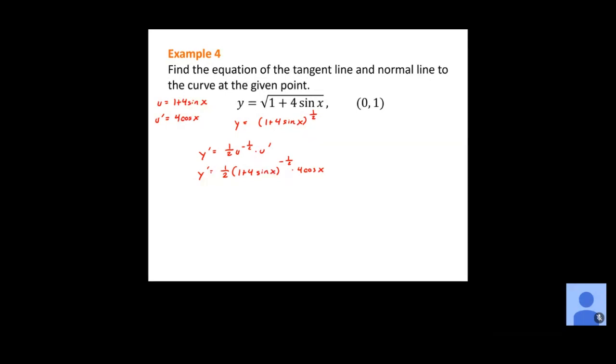Okay, now, if you want to, you can rearrange some of this stuff, move the negative exponent to the denominator, and put the 4 cosine x up top. So we'll have y prime equals, and in this case, 4 times 1/2 is just going to give us 2, right? So we'll end up with 2 cosine x over 1 plus 4 sine of x to the 1/2, or if you want to write that as a square root, you could.